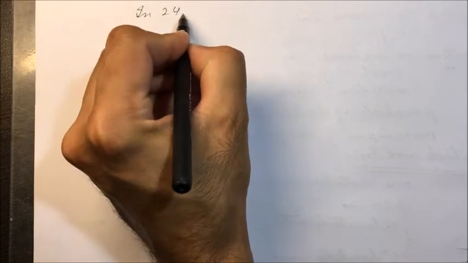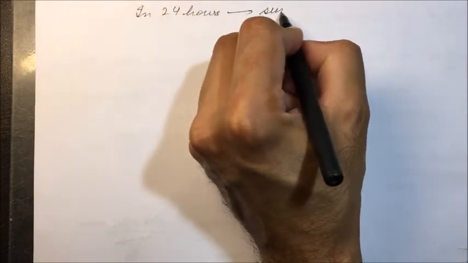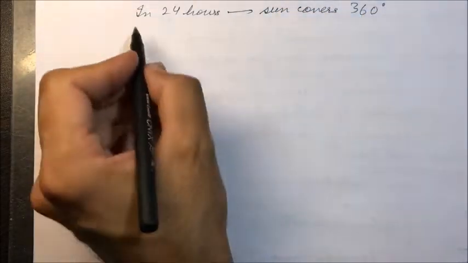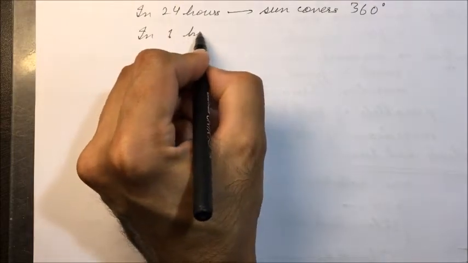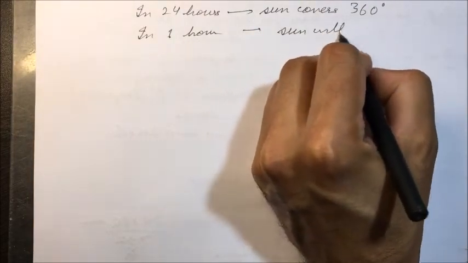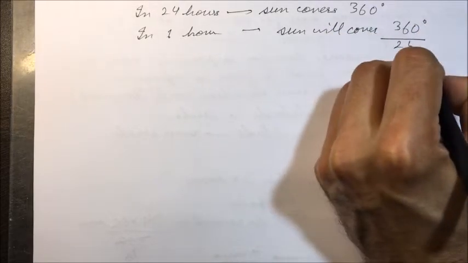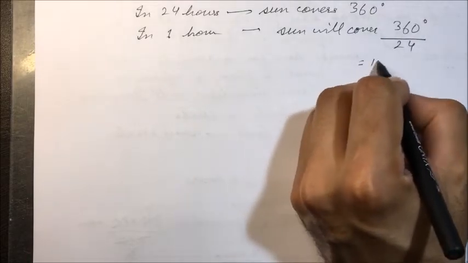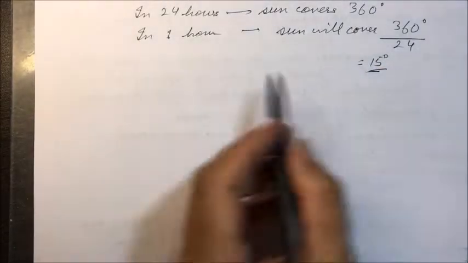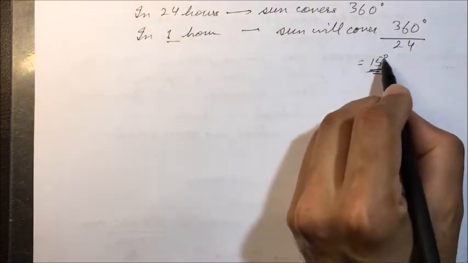Or we can say in 24 hours the sun covers 360 degrees. In 1 hour the sun will cover 360 degrees divided by 24, that is 15 degrees.